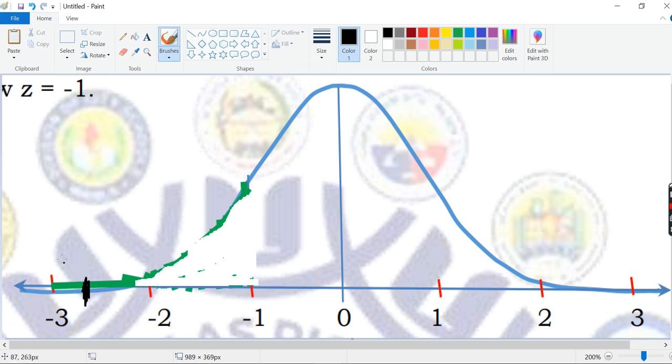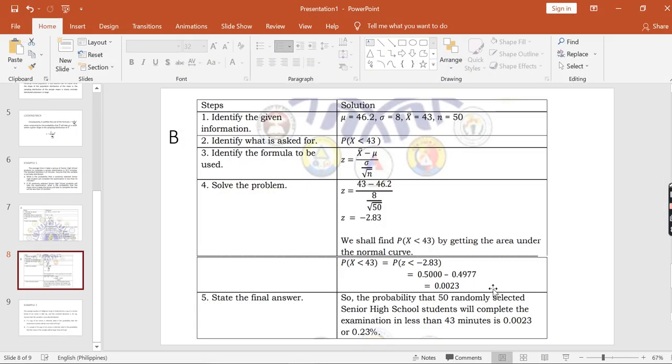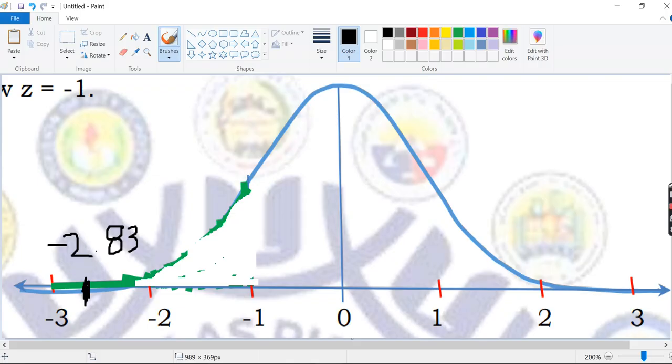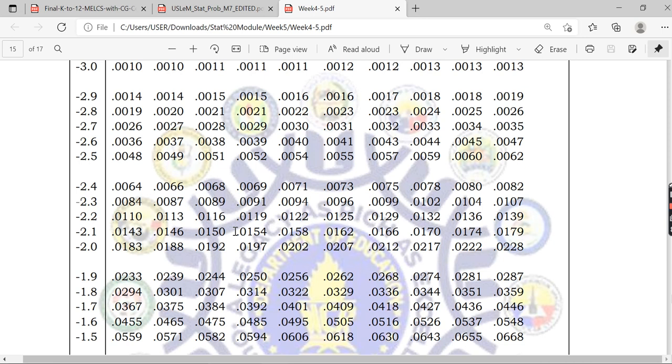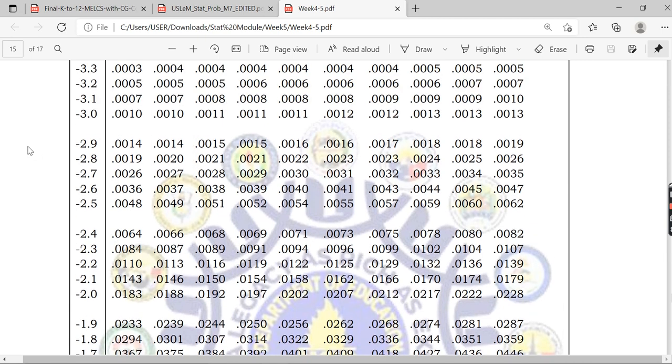So here is our negative 2.83. Again, it's asking for less than 43 minutes, so it's looking for the area on the left. Let's try to use the table. Luckily our table gives us the leftmost part of the value that we look for, 2.83.